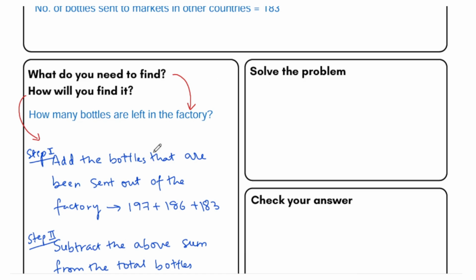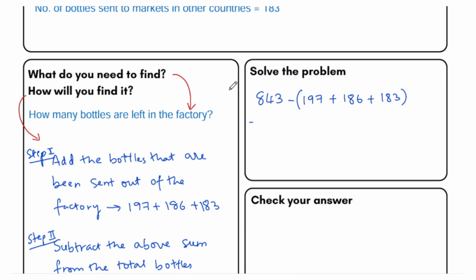Now how are you going to solve the problem? You have to write a number statement. The same steps that we wrote have to be shown as a number statement. What is the total that was produced? 843. So I'm going to write over here 843 minus, open the bracket, 197 plus 186 plus 183.